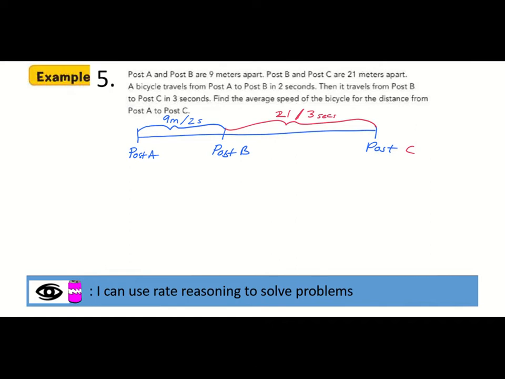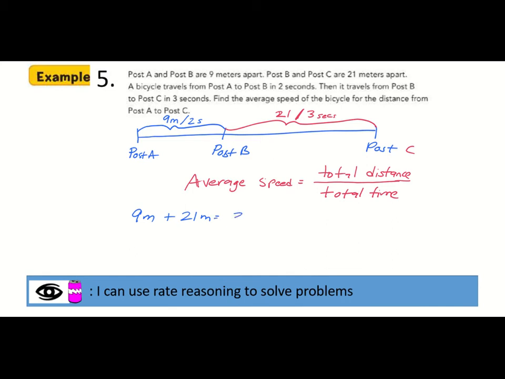So to calculate the average speed, let's go ahead and use this formula of the total distance that we're traveling over the total time that we're traveling. So to find this information, the total distance would be from post A to post B, we know that was 9 meters, plus, from post B to post C, we know that was 21 meters.